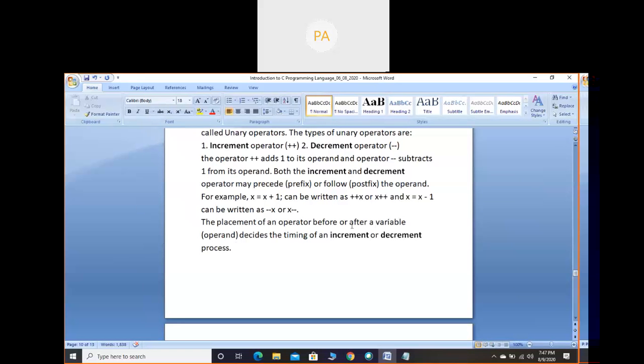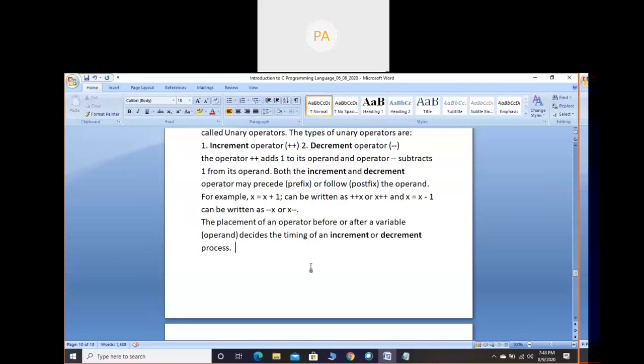If you write before the variable, what happens? If you write after the variable, what happens? It decides the timing of an increment or decrement process. Let us consider only increment here, because whatever we discuss for increment is exactly the same for decrement. The only thing is, in increment we add 1, in decrement we subtract 1. That's all.